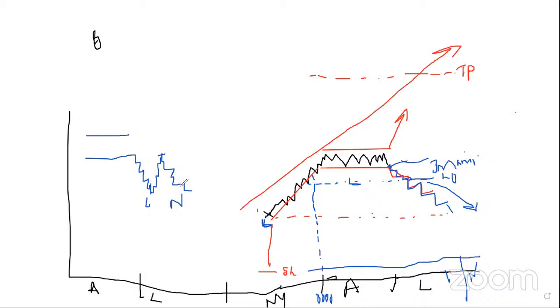That's when you say New York is a completion of structures. Then this structure will move up, come back down a little, and continue our upward movement until you hit your take profit.